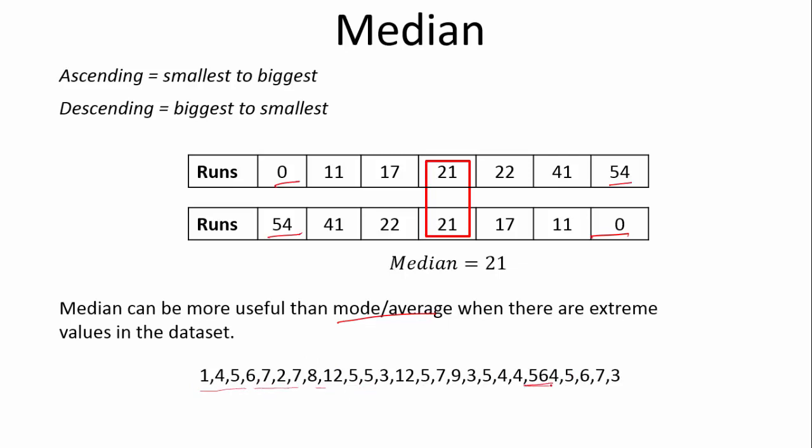But we have a number 564. This is going to destroy the average. It's going to make it much, much bigger than if that weren't there. So in this data set, it might be more useful to find the median. Remember, statistics and data handling is all about finding the best way to represent and summarize a set of data.